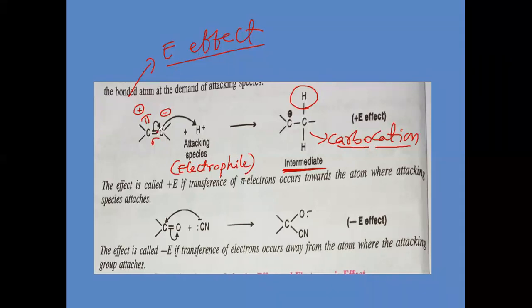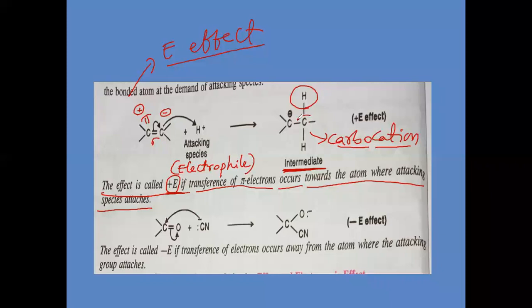In this electromagnetic effect, check it now. The pi electrons are moving towards the right. And the attacking reagent is also on the right side carbon. The pi electrons are also moving towards the right side. So the effect is called plus E effect, positive electromagnetic effect. If transference of pi electrons occurs towards the atom where the attacking species attaches.